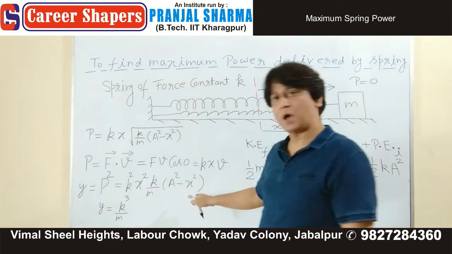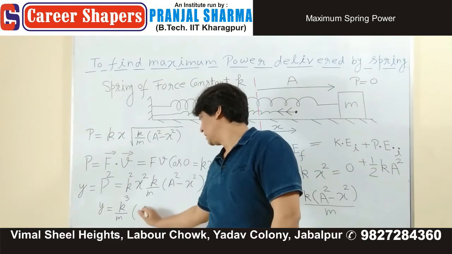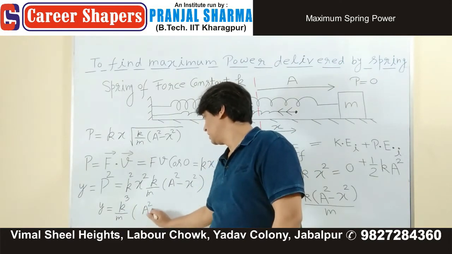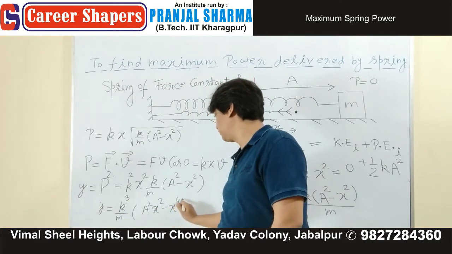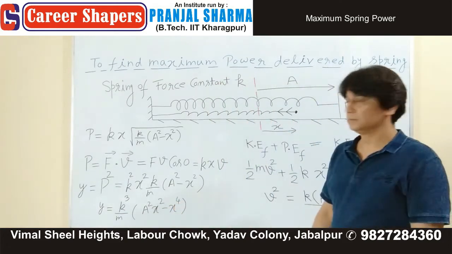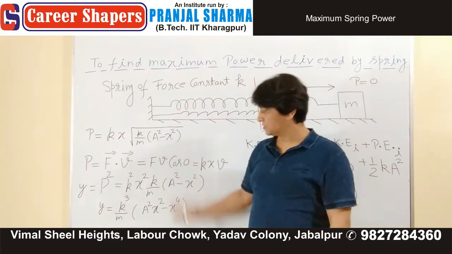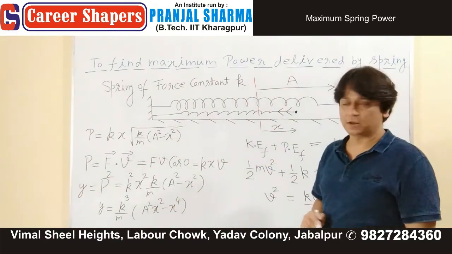Take this x square inside: a square x square minus x to the power 4. You don't have to differentiate this, you just have to differentiate this part.